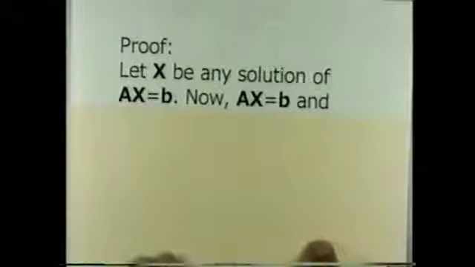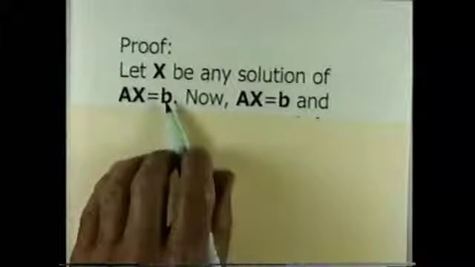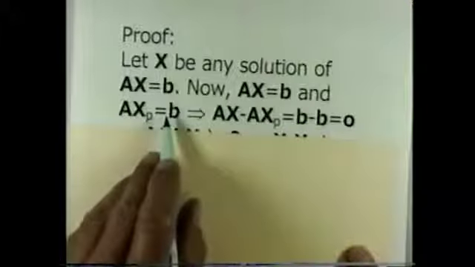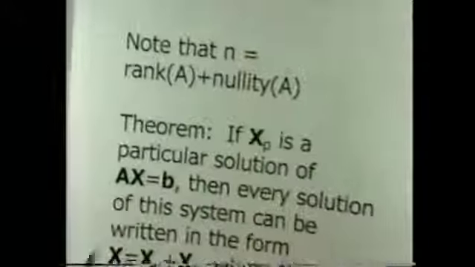Okay, proof. We'll let x be any solution of Ax equals b. Now, Ax equals b and Axp equals b, because remember in the theorem we said that xp is a particular solution.